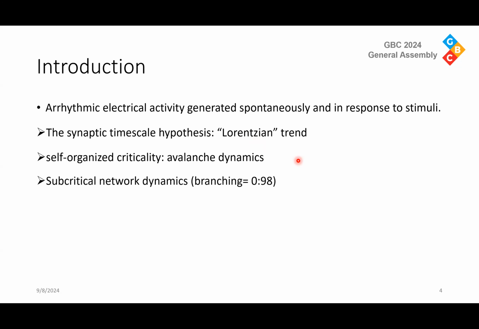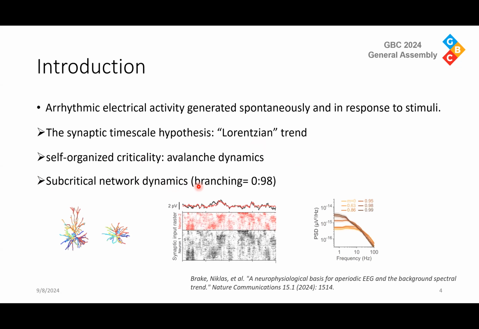And this spring, another paper reported a neurophysiological model for the 1/f aperiodic activity using subcritical network dynamics, which can model that process well using a branching parameter of 0.98, published in Nature Communications. I just show their result here, and we can check this paper later for the detail.